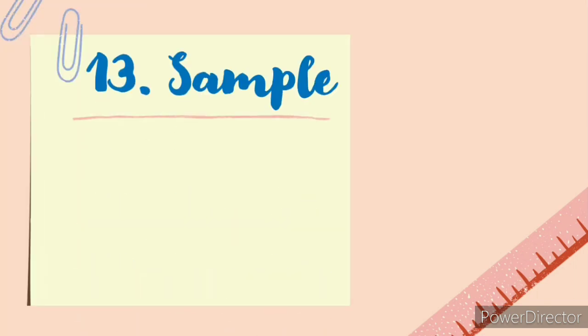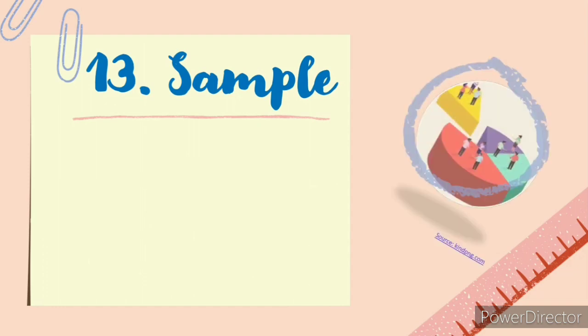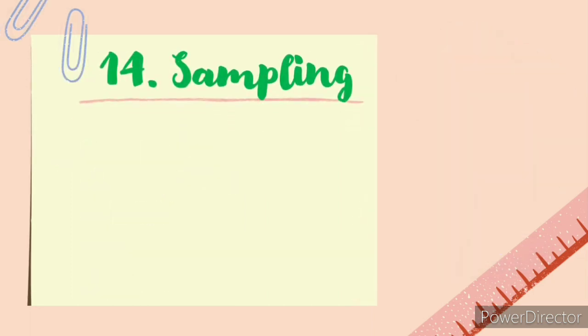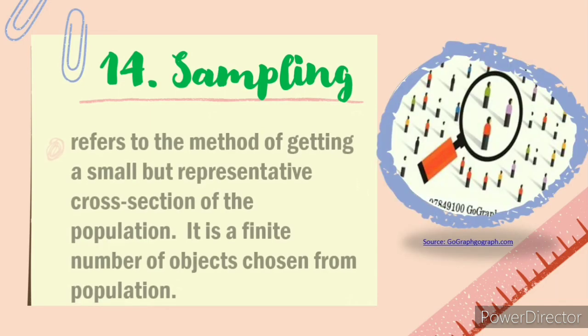Number 13, sample. Sample refers to the elements of objects or individuals selected from the population, or when the mass of data is too great to be handled, the sampling method is utilized. Number 14 is the sampling method or sampling technique.